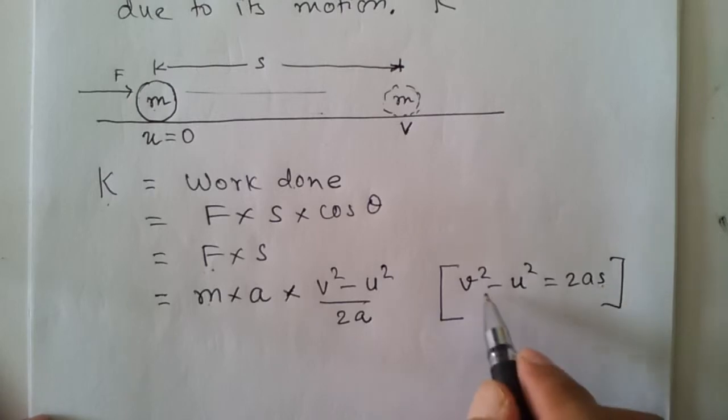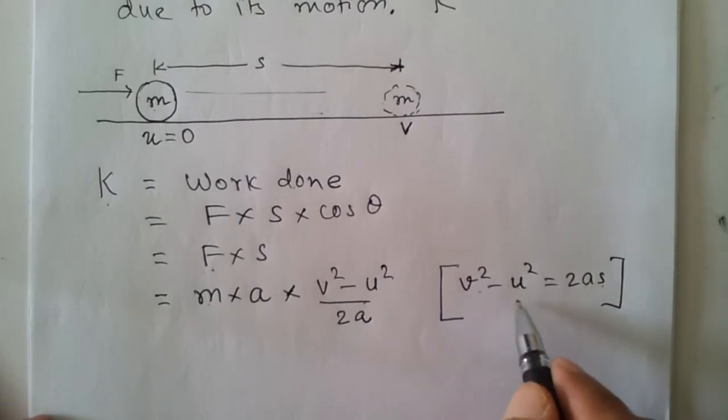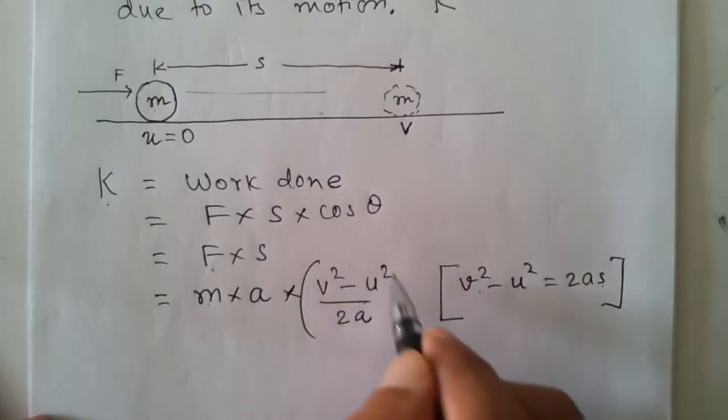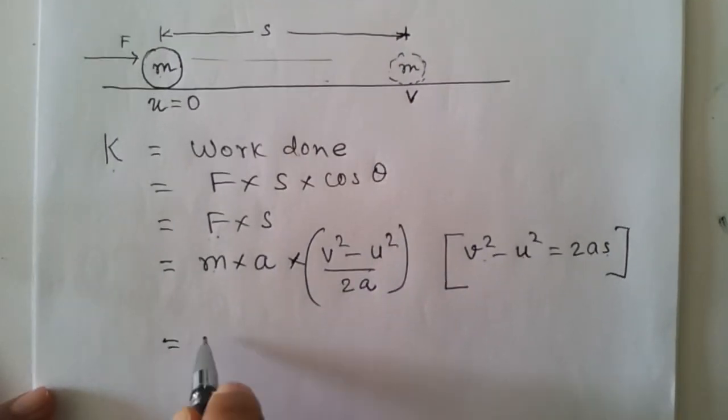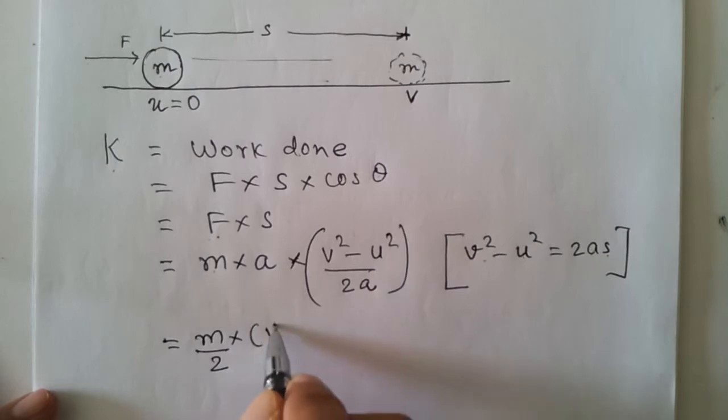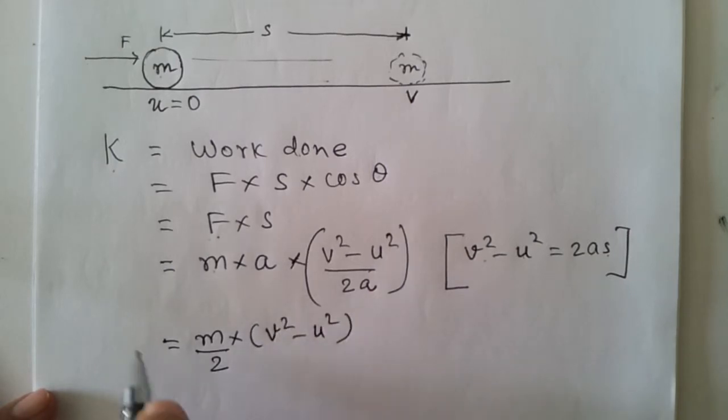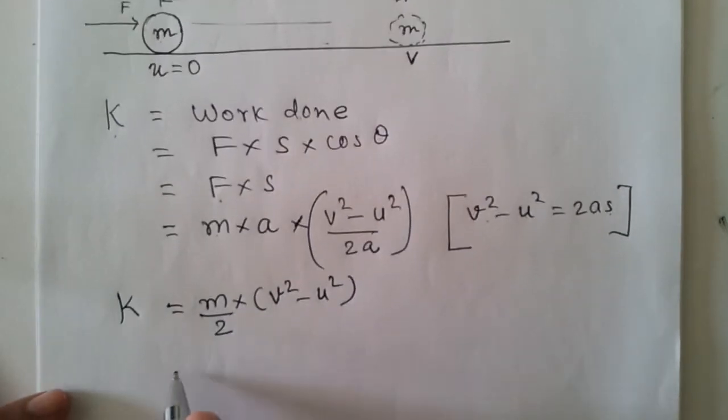So s will be v square minus u square upon 2a. I put this value here for displacement. So m into a will get cancelled, and I'll have m upon 2 into v square minus u square. So the kinetic energy of the body is m by 2 into v square minus u square.